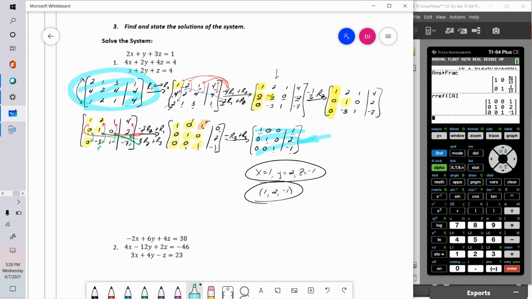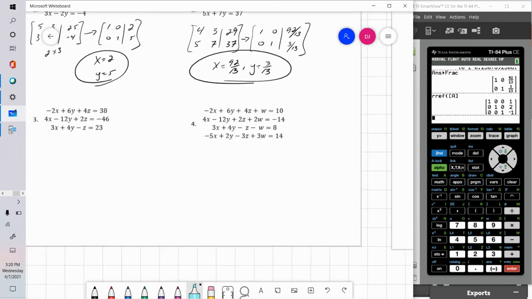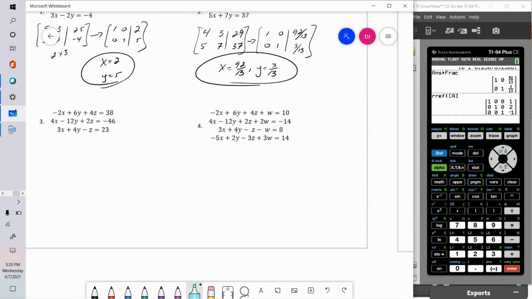Okay. So I have one last example here. My pages are all kind of jumbled, I guess, right? What about number 4? Number 4, notice, would be a 4 by 5 matrix. The augmented matrix: -2, 6, 4, 1, 10, 4, -12, 2, 2, -14, 3, 4, -1, -1, 8, -5, 2, -3, 3, and 14.